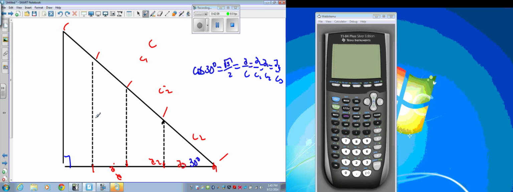Any one of those triangles, the ratio of the adjacent side to the hypotenuse is the same. It's the square root of 3 over 2. Does that make sense? That's what it's telling you.